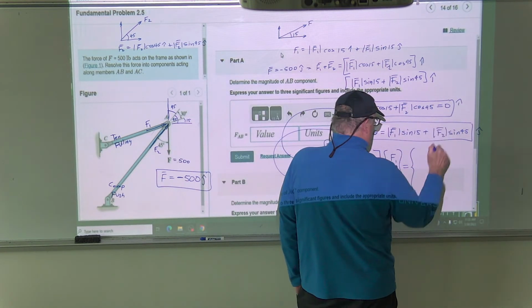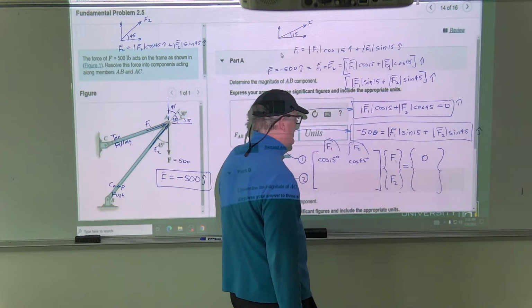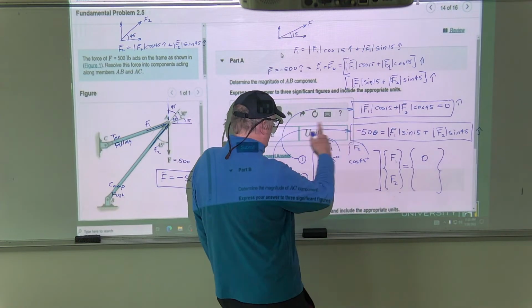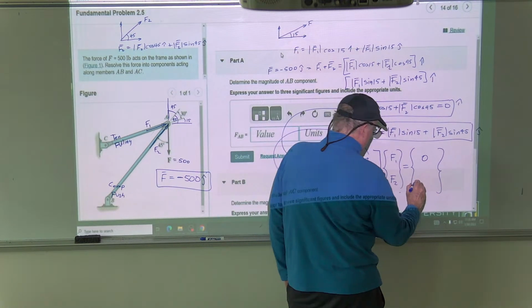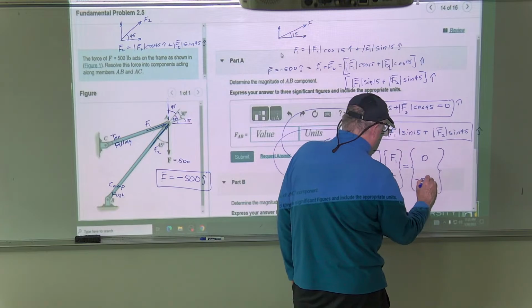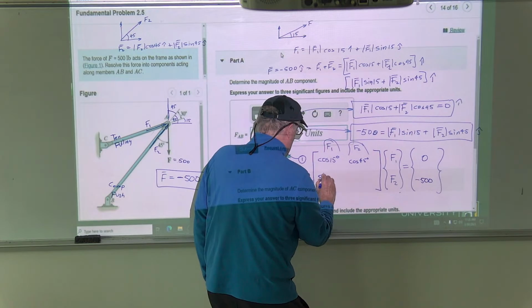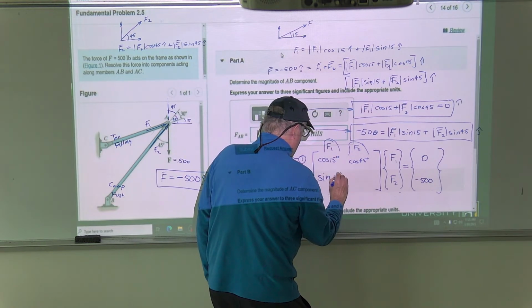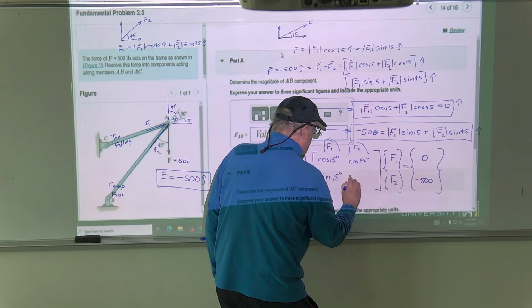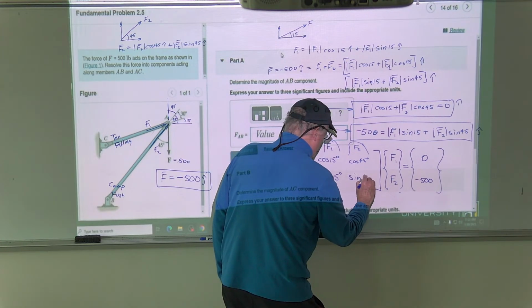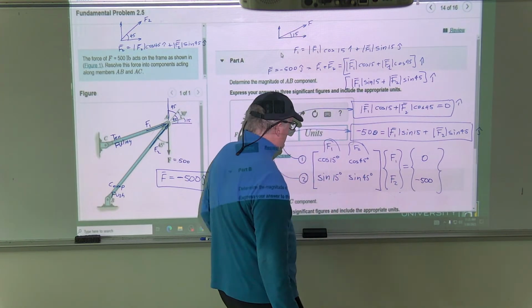On the right-hand side, I get nothing. Now look at the second equation: on the right-hand side I've got minus 500. Over here, I've got F1, so I've got sine of 15 degrees, and then sine of 45 degrees. So I've got a matrix.